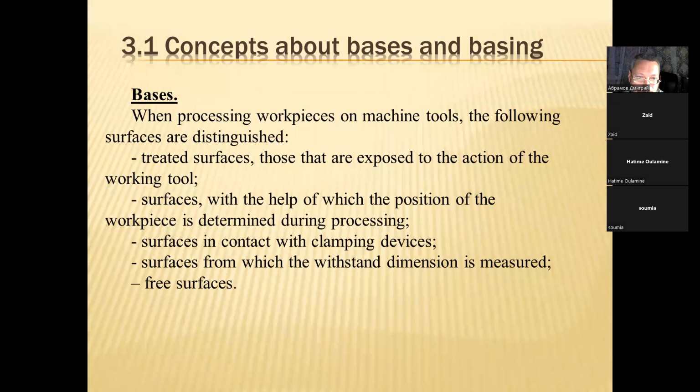Machined surfaces, those that are exposed to the action of the working tool. Surfaces with the help of which the position of the workpiece is determined during processing.